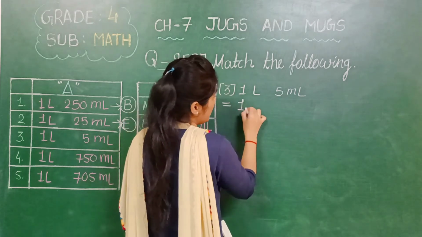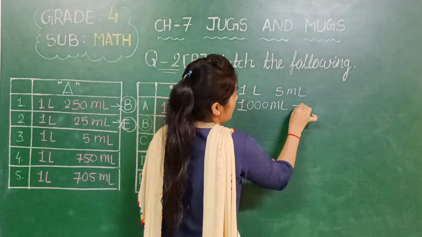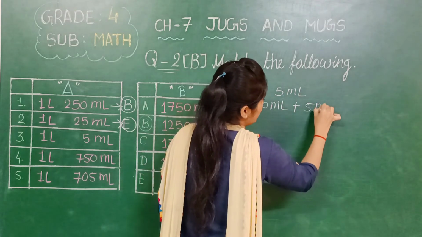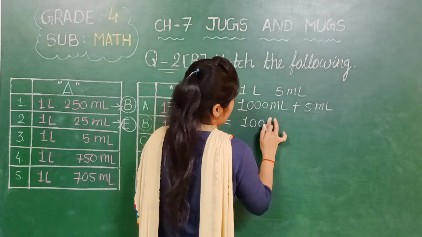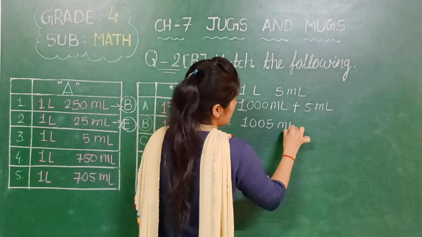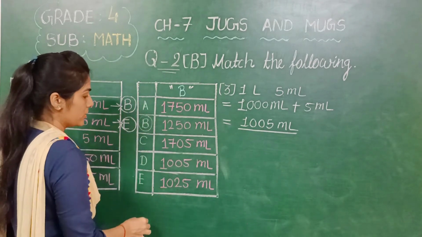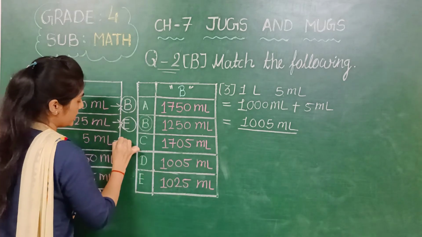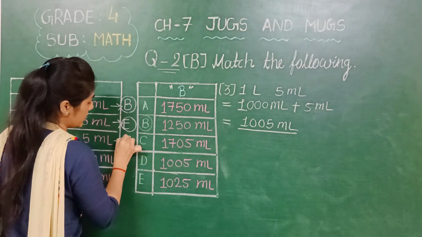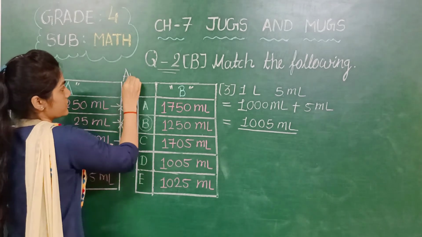So 1 liter, directly I am writing 1000 ml, plus this 5 we are adding in that. So 1005 milliliter is our answer. Find this from the D box, which is given in D, 1005. So number 3 answer is D.